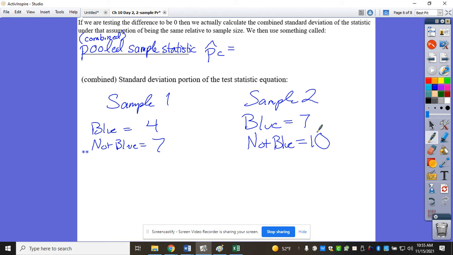So what is my best guess at what the overall proportion of blue is? How can I come up with that? I can't pick just this one because say that one's better. I can't pick just this one and say that one's better, so what can I do? What do you mean by add what? So here, so how many total successes do I have?